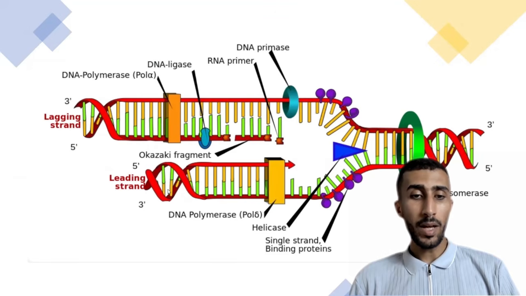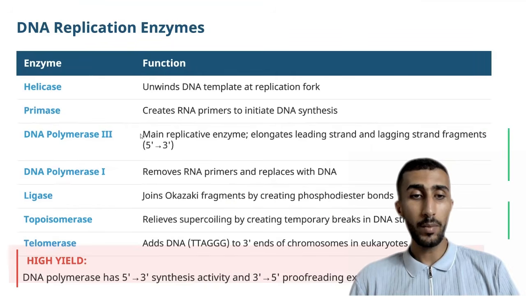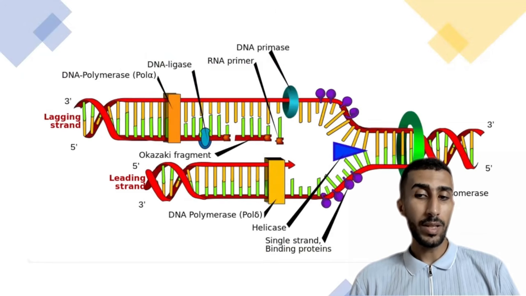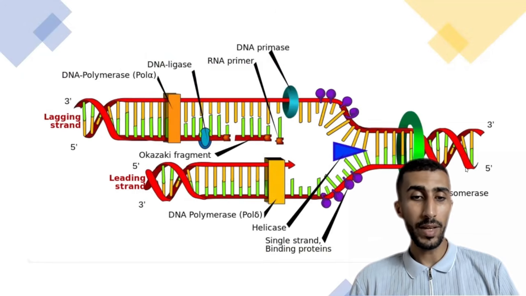Next we have our main enzyme, which is DNA polymerase. We have two enzymes: DNA polymerase 3 and DNA polymerase 1. DNA polymerase 3 is the main replicative enzyme and elongates the leading strand and the lagging strand fragments. It has a special direction from 5' to 3'. So it acts continuously when it complements the 3' to 5' strand. So this strand is from 3' to 5', and the complementary strand is from 5' to 3'.